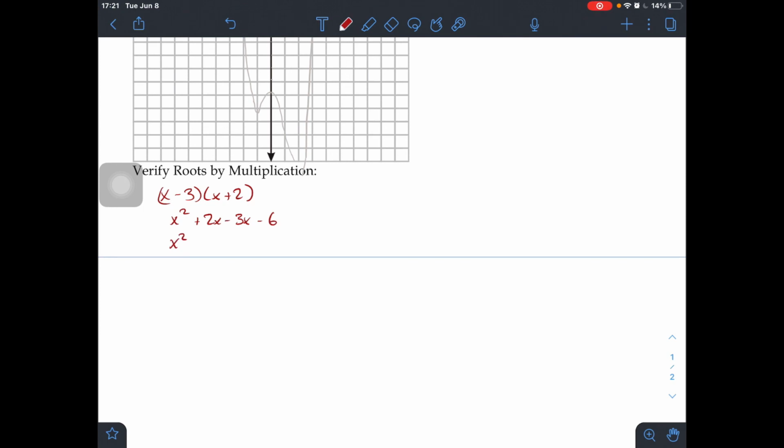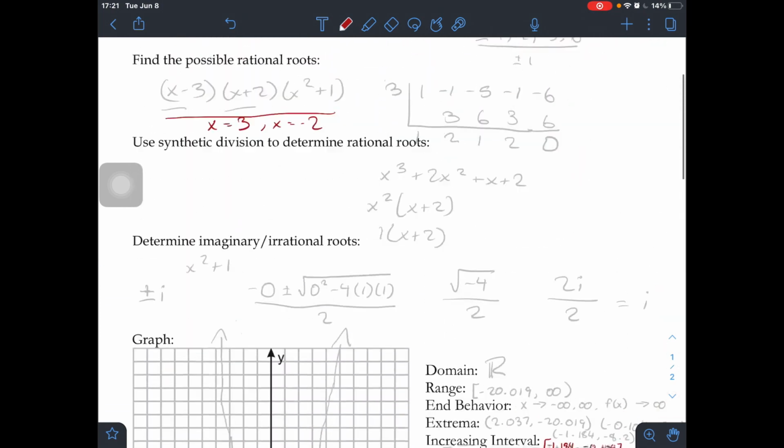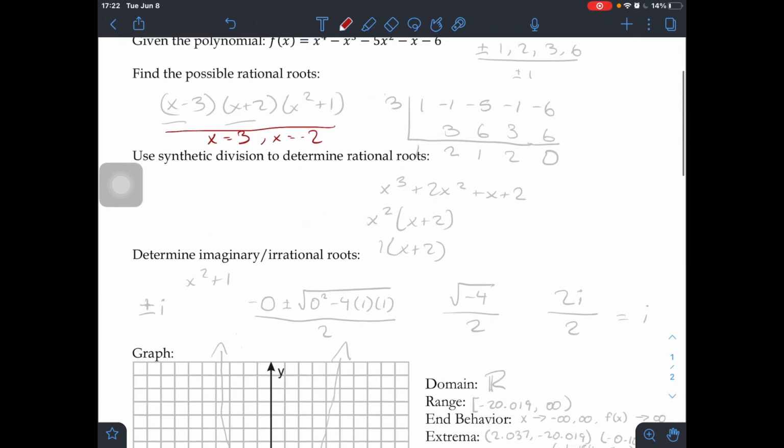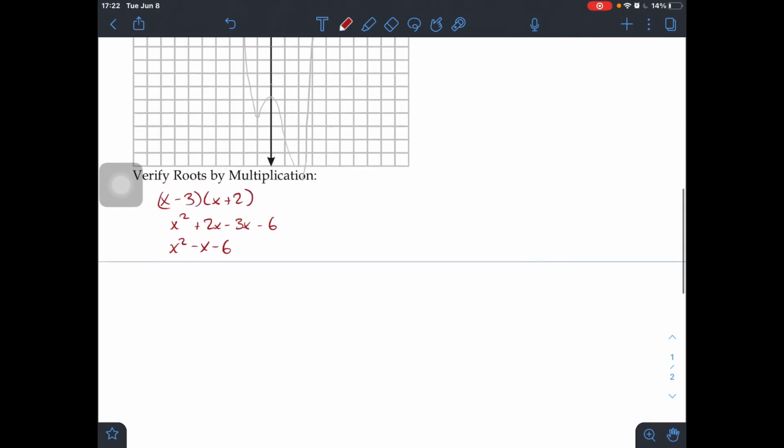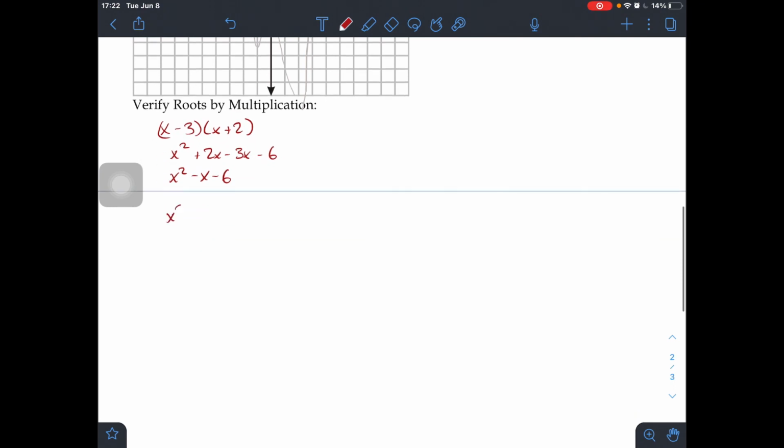So this would equal x squared minus x minus 6. And then we have to multiply this times x squared plus 1.